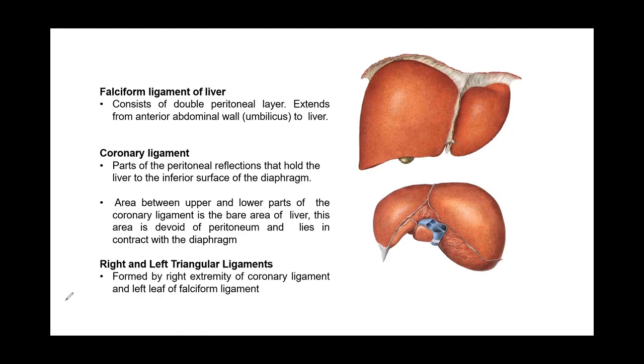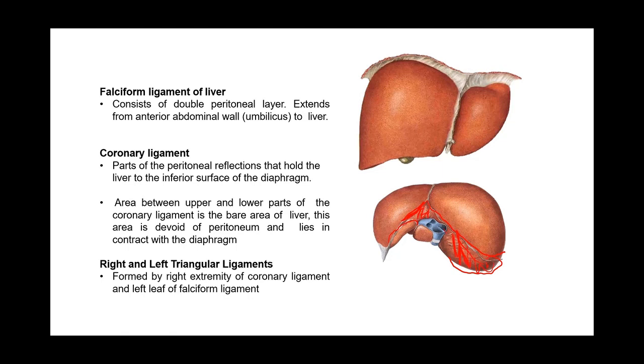So you can see the coronary ligaments. There's an upper portion that attaches to the anterior layer, which attaches to the upper part of the diaphragm, and the posterior layer that is not even seen here. In between you have this portion that is called the bare area of the liver.